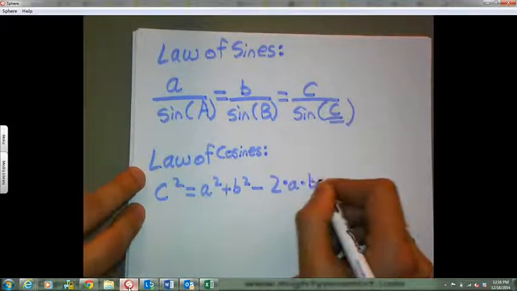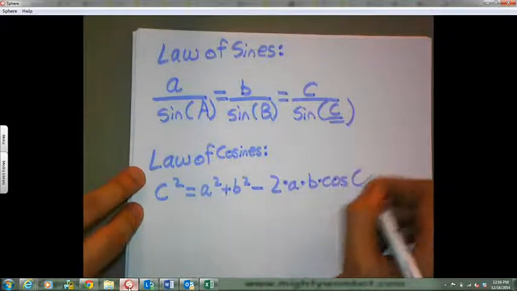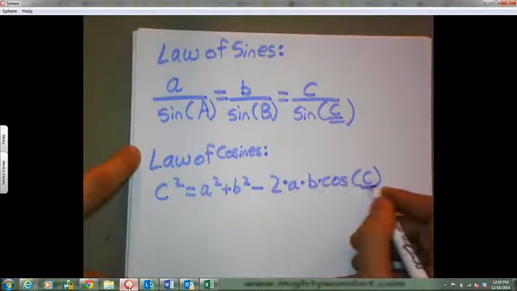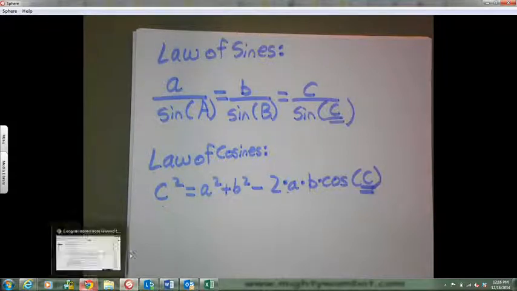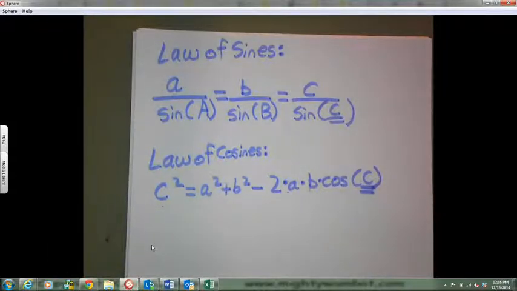A and b and c are all sides. Okay. So let's understand why and how to use these formulas.